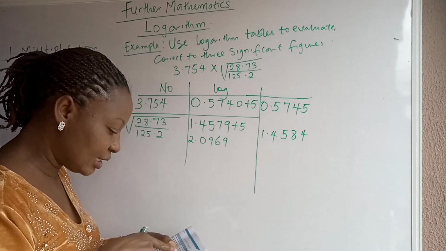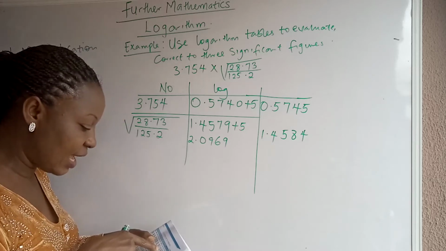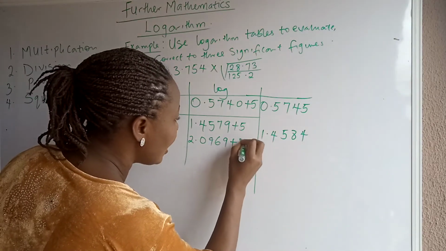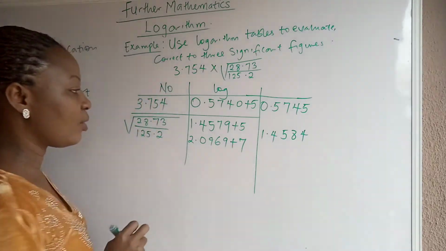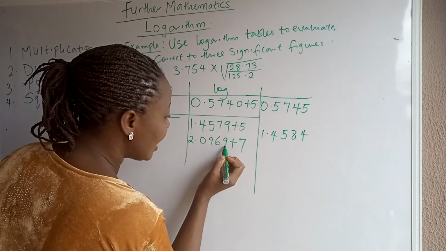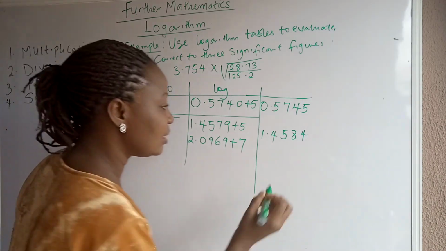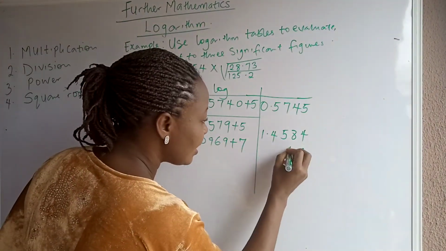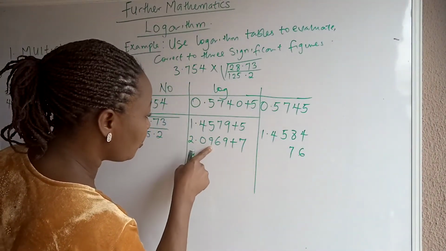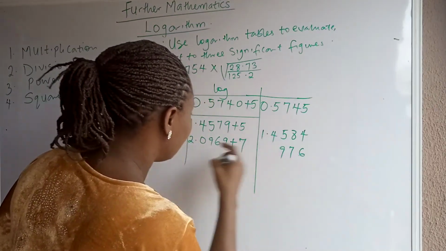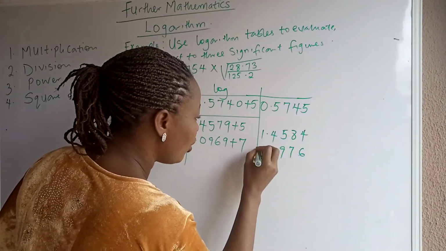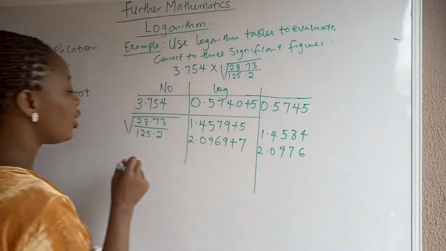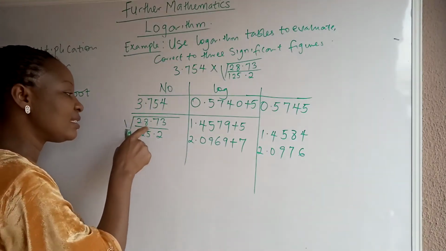I'm going to check the difference. Difference 2 is 7. So that's plus 7. I'm going to add this once again. 9 plus 7 is 16. I'll write 6, remainder 1. 1 plus 6 is 7. Then I'll pick 9, 0, then 0.2.